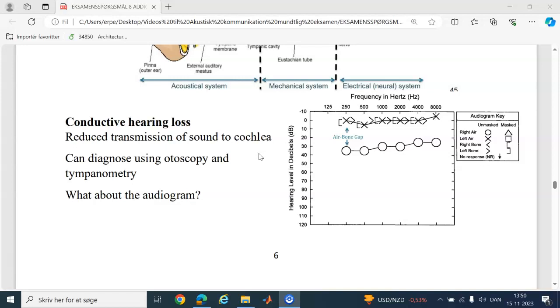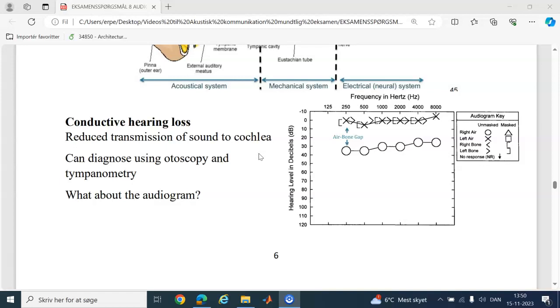How about the audiogram? On the graph there is an air-bone gap. The right ear is unmasked and the left ear is unmasked, and you can say the right ear has a bigger hearing loss than the left ear.